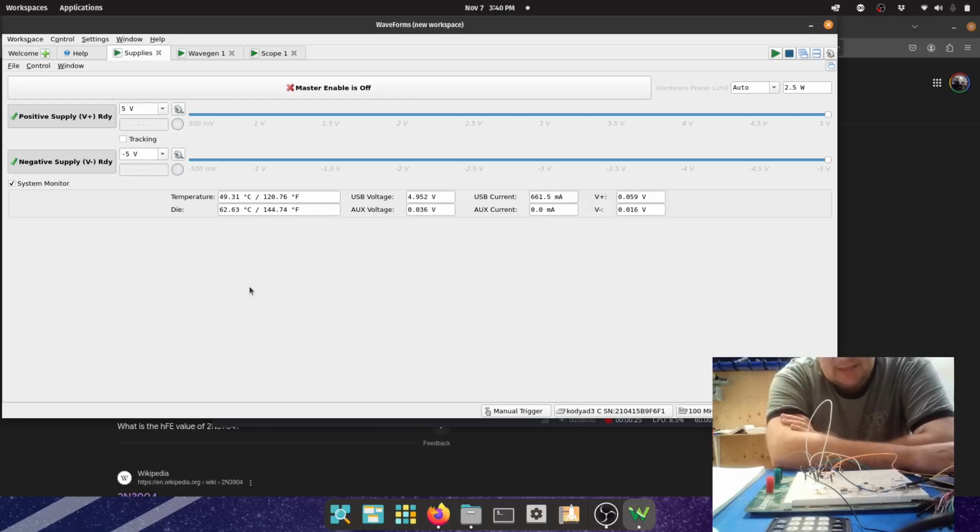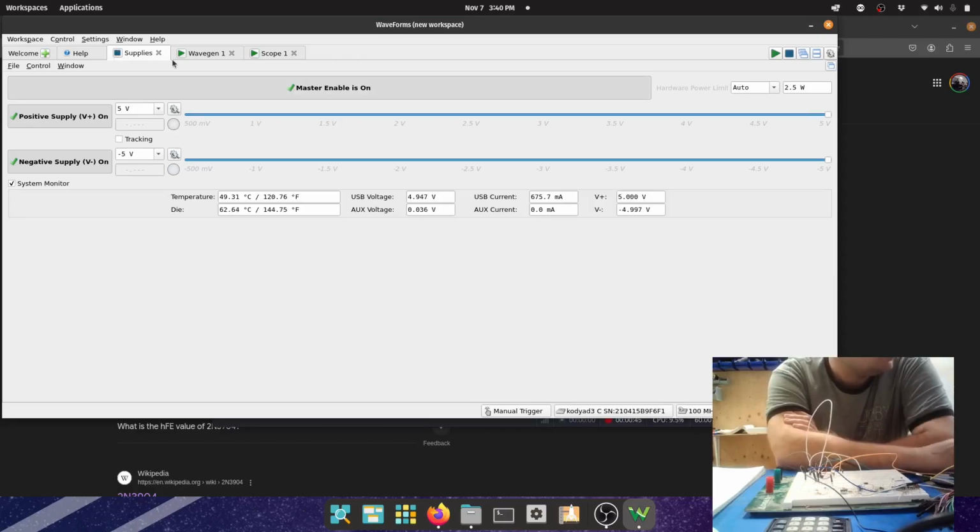So I just kept reducing the resistors down to now I have two 1.5K resistors, which is probably less than what we need. We would want to have higher there, but it seems to be working. So let's just turn it back on.